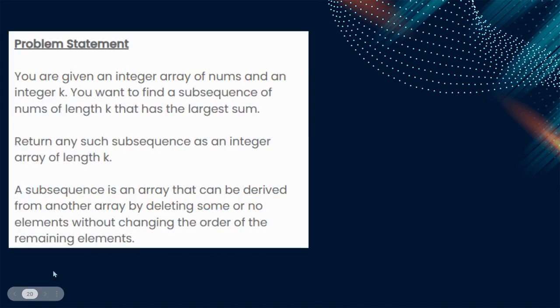Second problem is we are given with an array as well as an integer. We want to find a subsequence of numbers of length k which should have the largest possible sum among all the other possible subsequences.